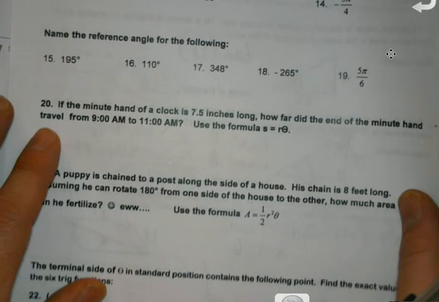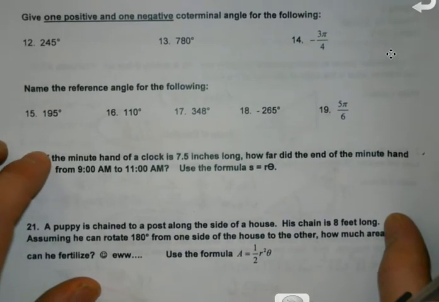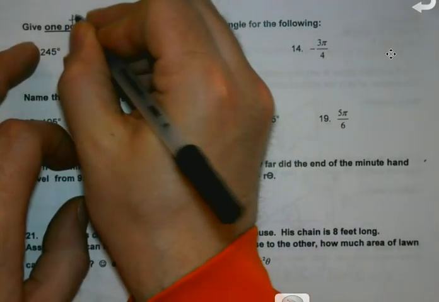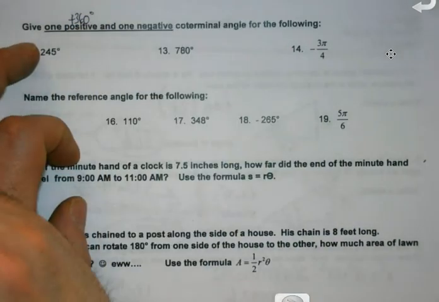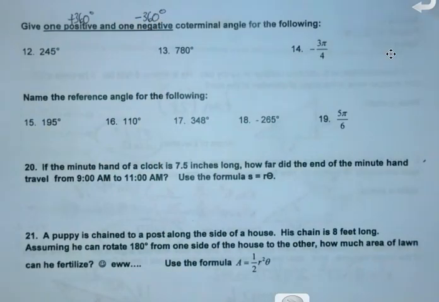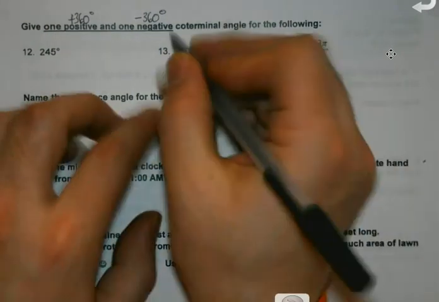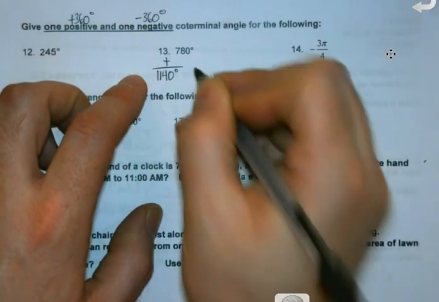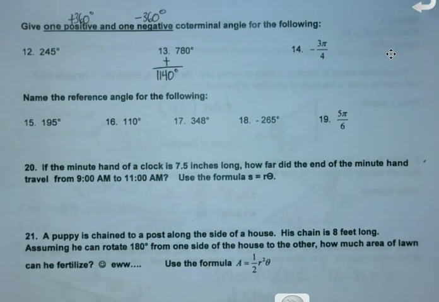Okay, one positive and one negative coterminal angle for each. Remember, positive means we're just adding 360 degrees. Negative means we're subtracting 360. But remember, when you're doing these, let's look at 13 and 14. If you add 360 to get your positive, that's not a big deal. You even could subtract 360 from that one and still be a positive coterminal angle. Either one would work.